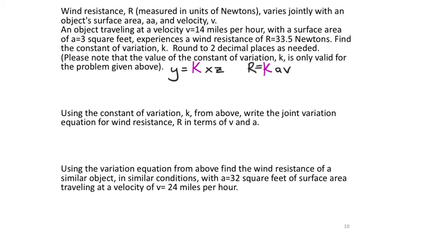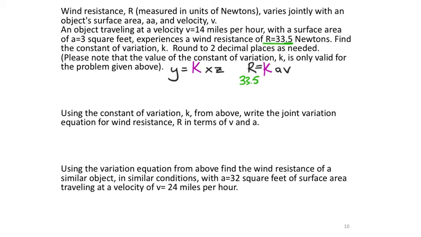But now we can put in the values that it gave us. It says right here that R is 33.5 newtons, that's the resistance. And then where's the A value there? I know it's here somewhere. 3 square feet. There it is.